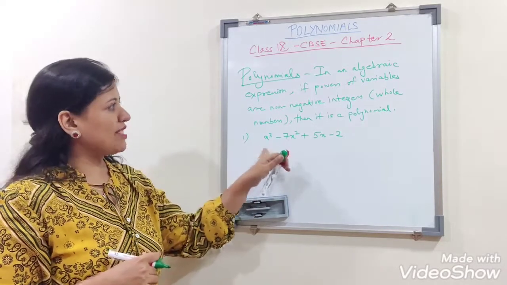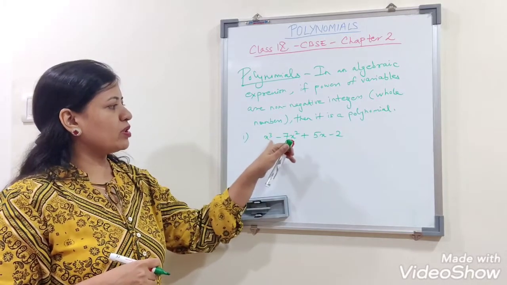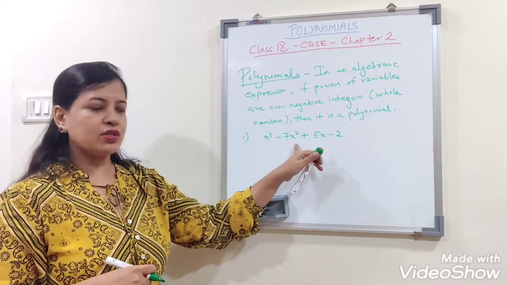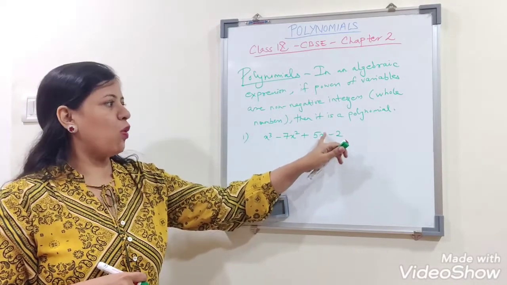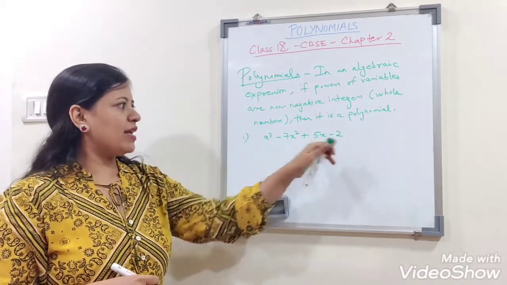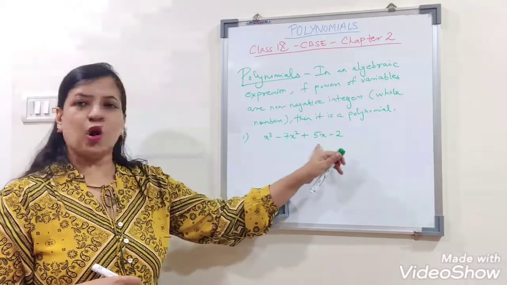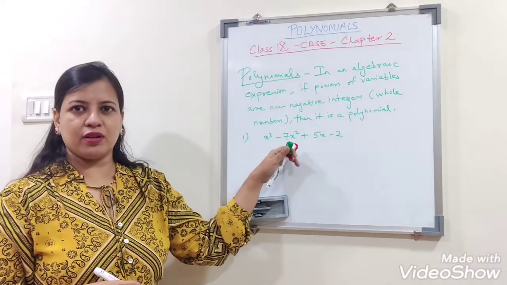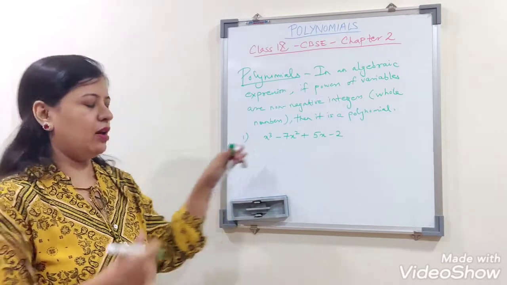Why? Because you can see that powers of all the variables here, it is raised to the power 3, so it is a whole number. Here x is raised to the power 2, which is a whole number. Again in the next term, x is raised to the power 1. And this term is constant term, which is 2. So in the entire expression, the powers of the variables are non-negative integers. So this algebraic expression comes under polynomial. It can be classified as a polynomial.